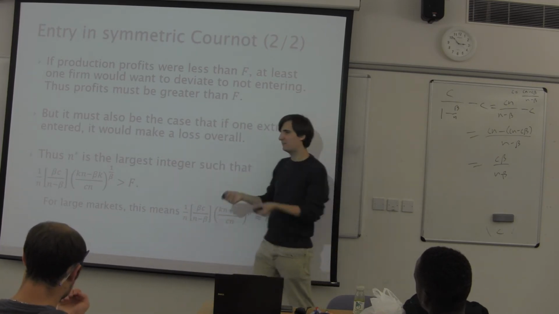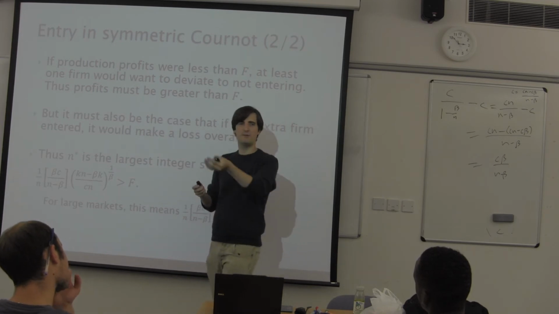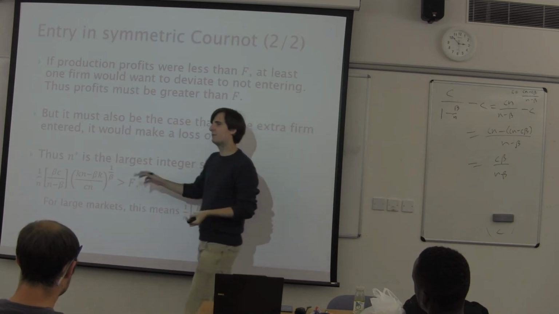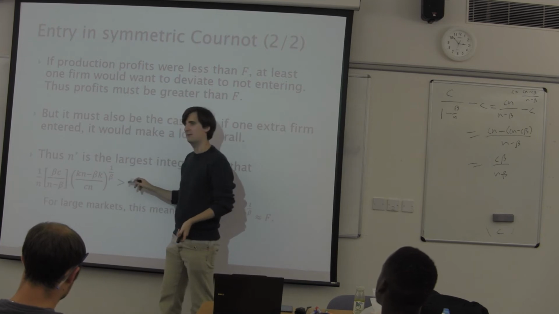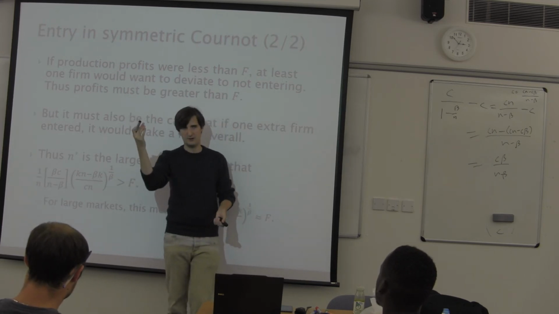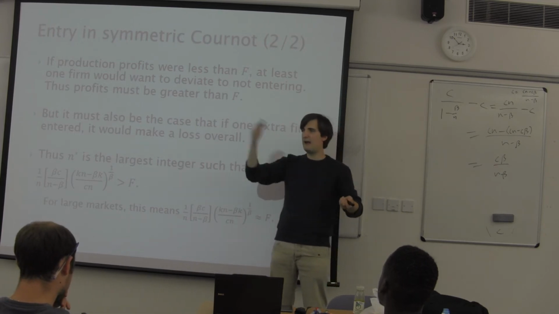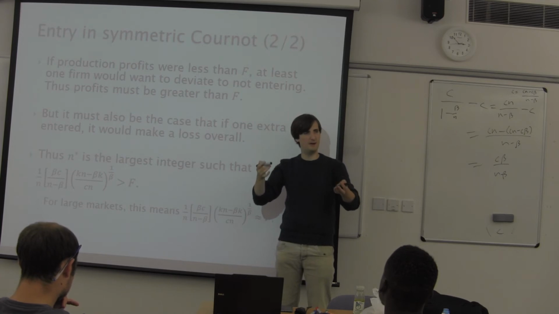So firms carry on entering until the profits from production are roughly equal to the cost of entering. If the number of firms is large, you can just say that this thing will be approximately equal to this thing. Profits from production under free entry will be roughly equal to the entry cost. Firms are going to carry on entering until the amount they make from production is equal to the amount that they pay.